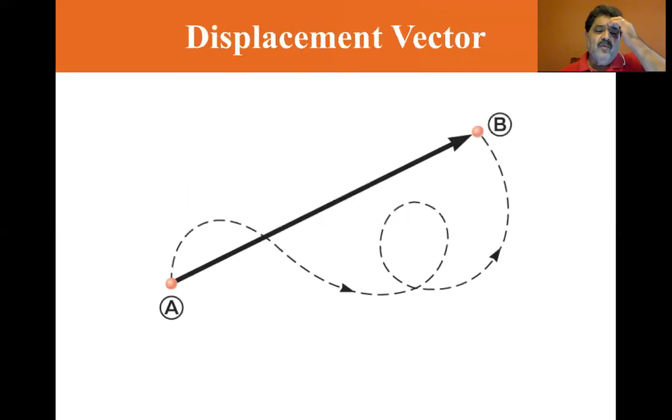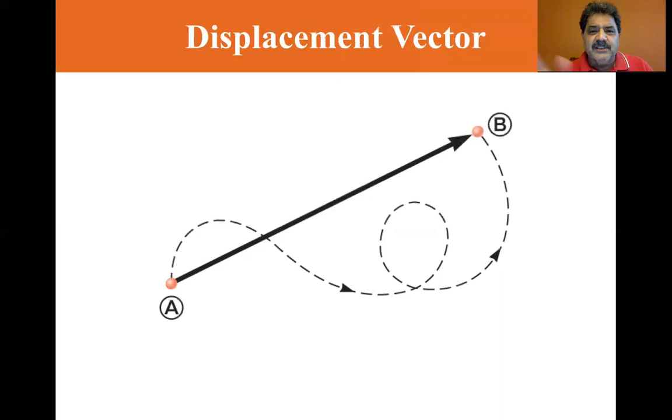Okay, we have a displacement vector. If a particle travels from A to B, it has a displacement. You remember, displacement is if a runner is running around a track and he ends at the same place that he started, he has a displacement of 0.